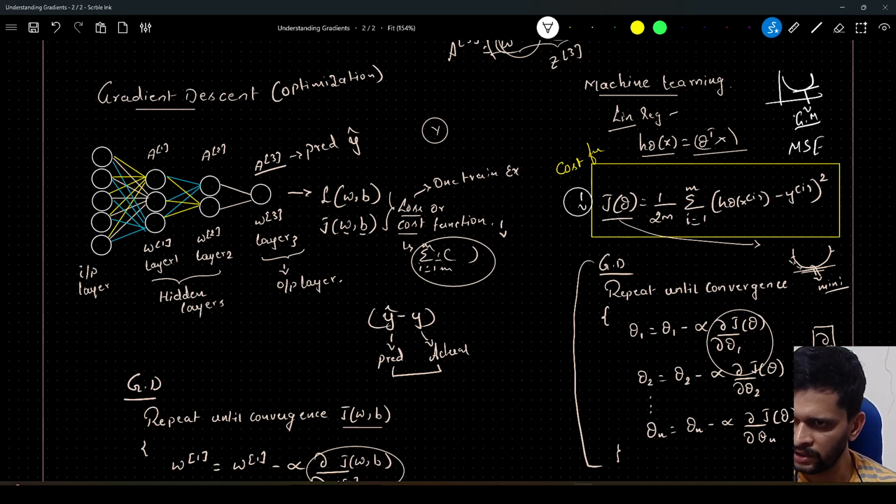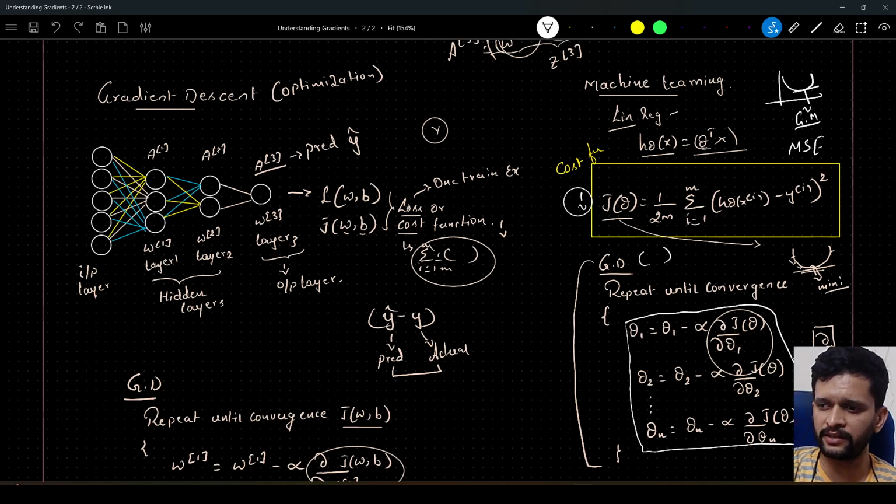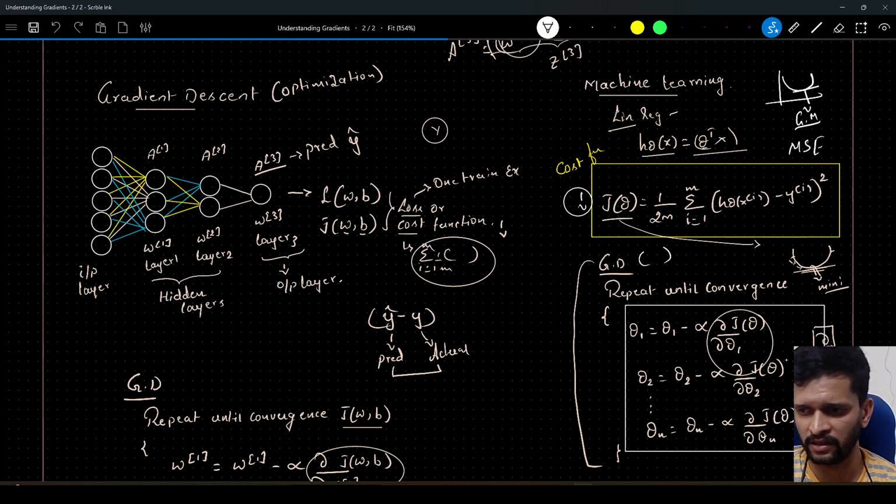In order to reduce the cost, we have the gradient descent algorithm, which updates these thetas, the parameters in linear regression or logistic regression, by following this set of rules. This is how we did gradient descent in machine learning on linear regression.